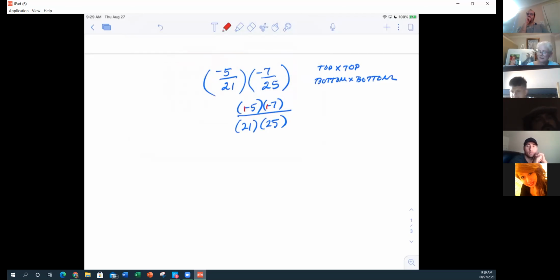Then we can see that 5 goes into 25 5 times, and 7 goes into 21 3 times. So we have divided parts of this out. It just makes life so much easier. If everything cancels in the top, you put a 1 there, because something divided by itself is just 1. And then 3 times 5 is 15.